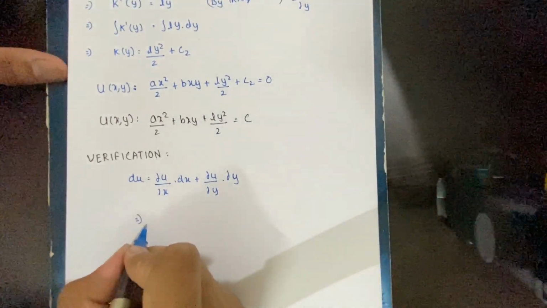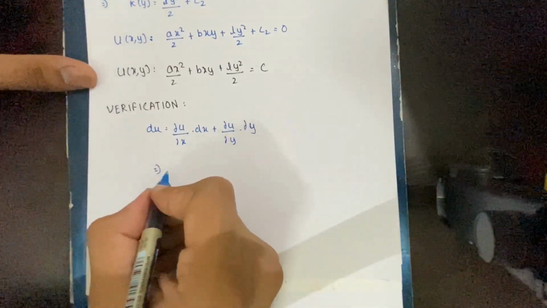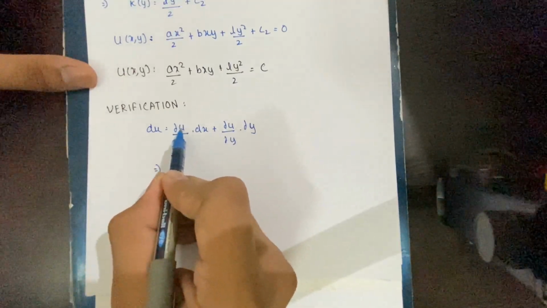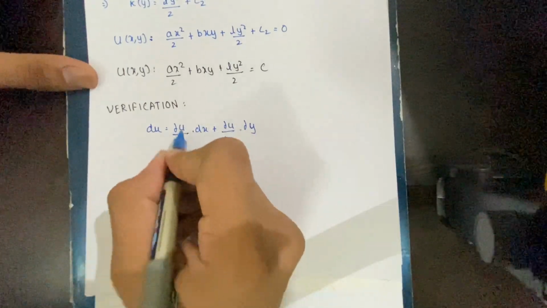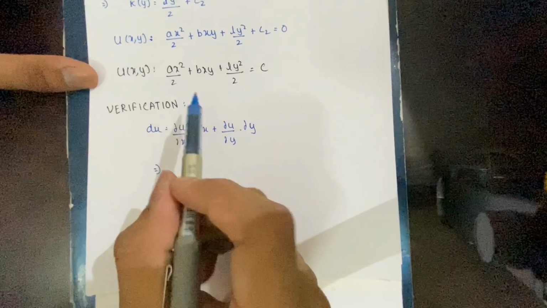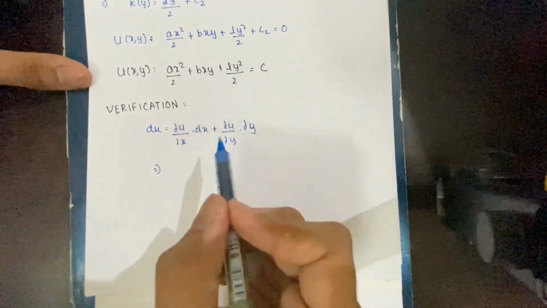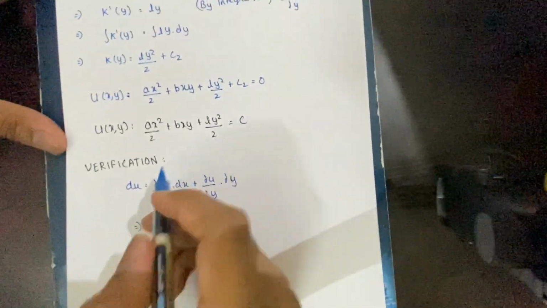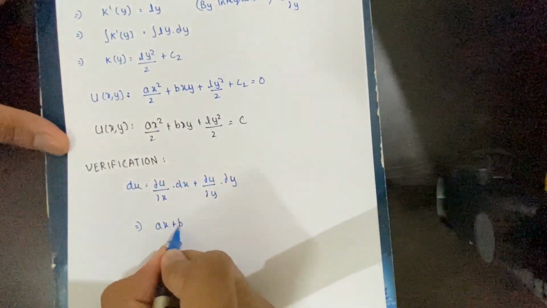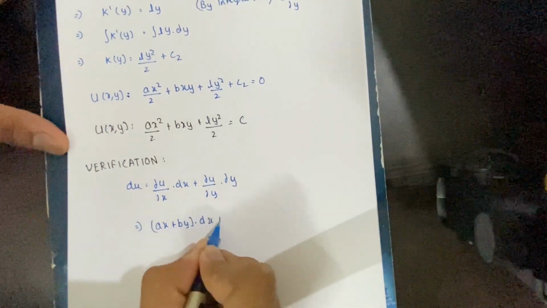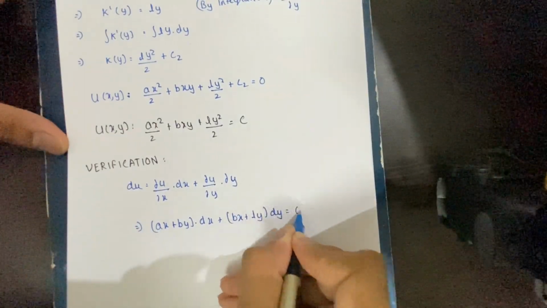The partial derivative of u with respect to x is ax, the other terms are 0, plus the partial derivative of bxy with respect to x is by, dx, plus similarly (bx + ly) dy equal to 0.